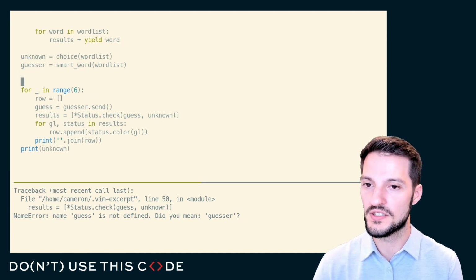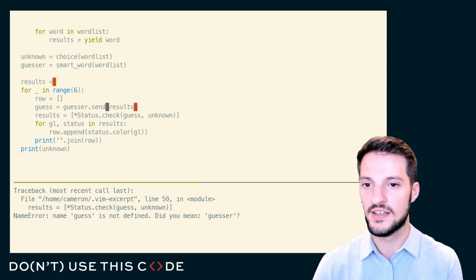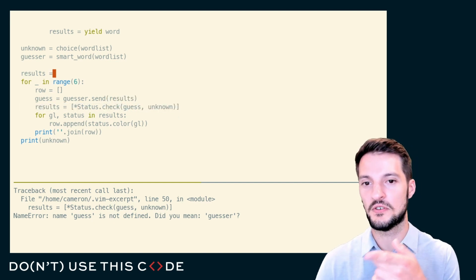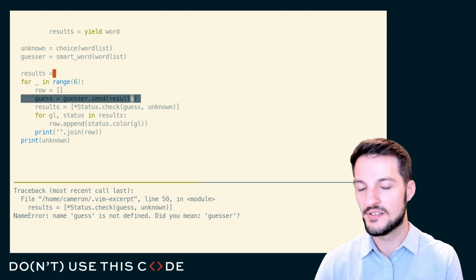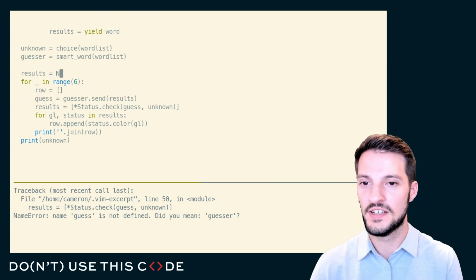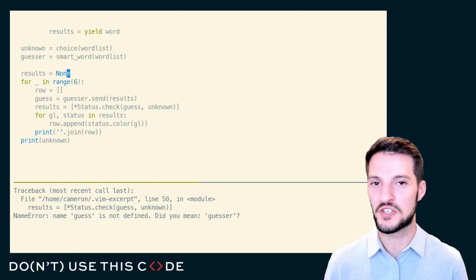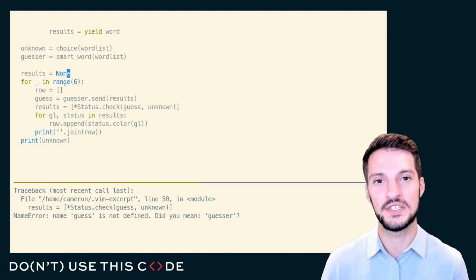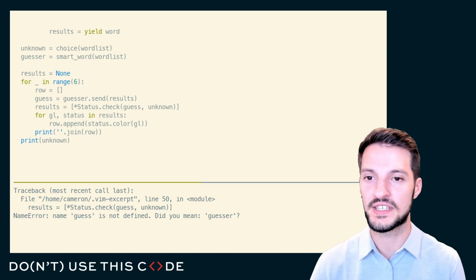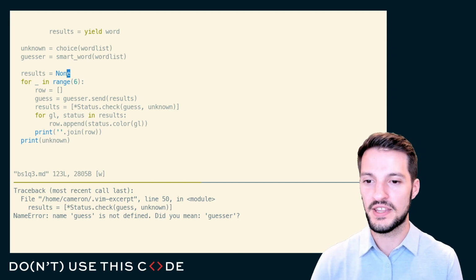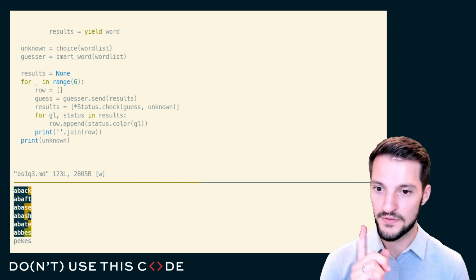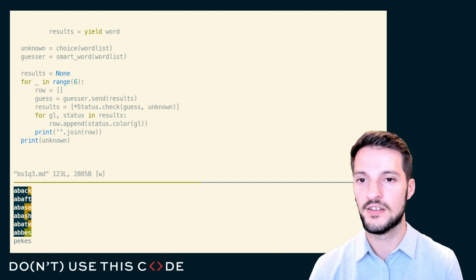So the thing that I need to send first will always be None. I want to send this thing the results, but these results only exist once I've guessed. This is why we always start by sending a None value. This is priming our coroutine. And when we apply this pattern, we see that my code's still running.